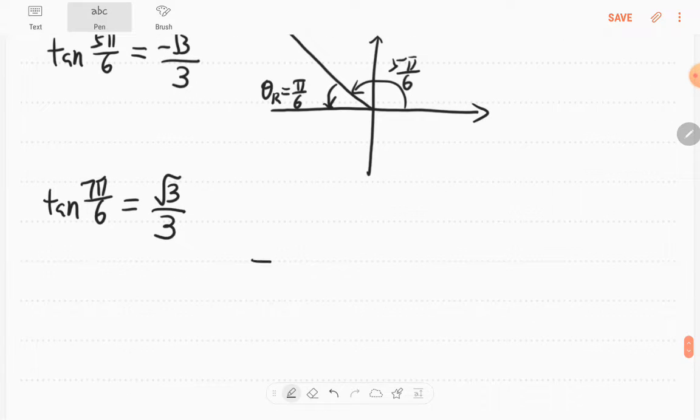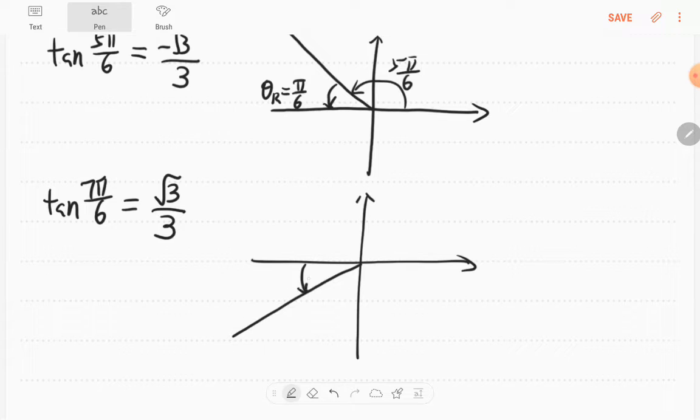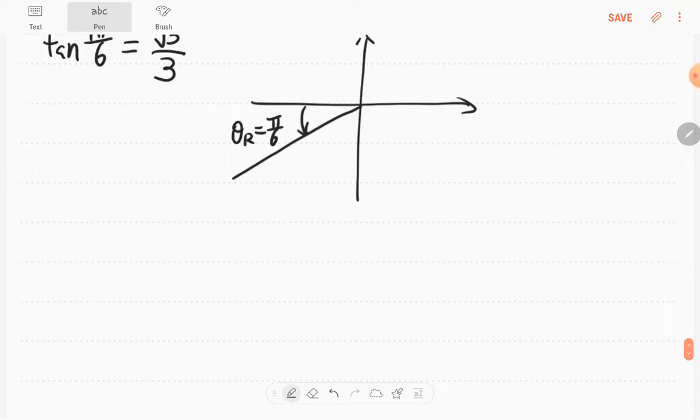Okay. So the terminal side is here. So the reference angle is this one, which is theta r, pi over 6. And the tangent of 11 pi over 6 is negative square root 3 over 3.